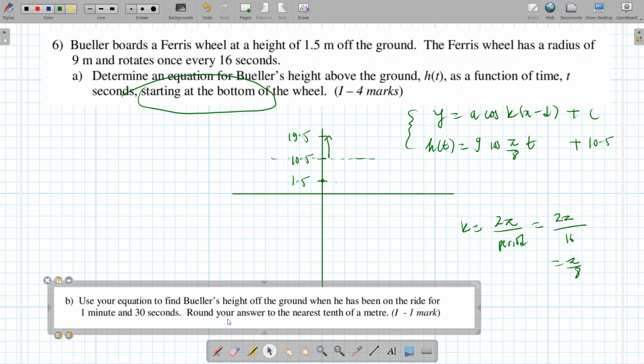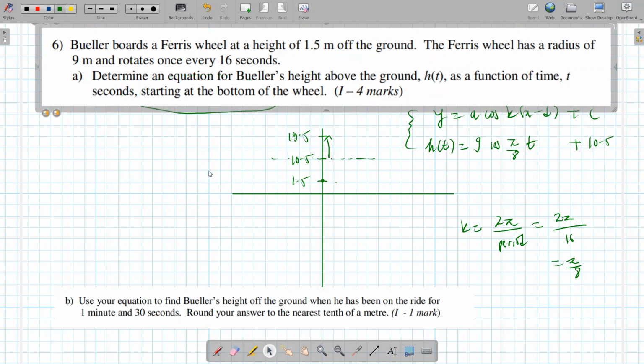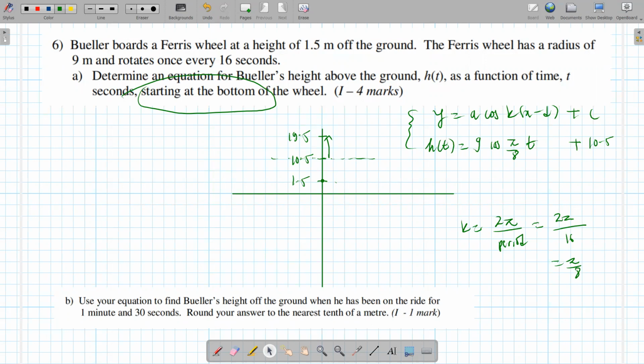Do you plug 90 or 1.5? The time here is in seconds, so 90. You just plug t as 90 and whatever that gives you.